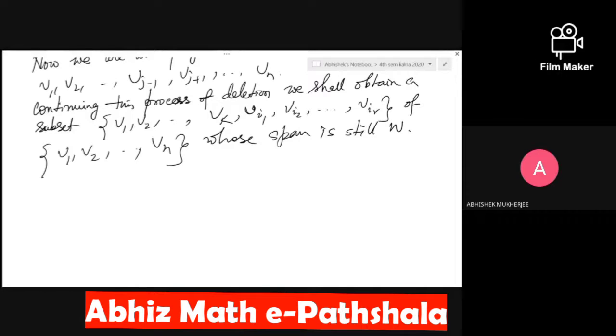The linear span of the vectors will remain the same.